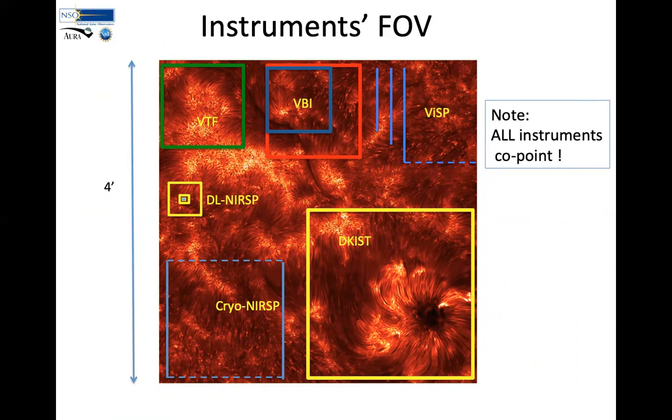And the others give you the instantaneous field of view of each instrument itself. So for the imagers, it's a square. For the spectrograph, it's a slit. For the DL-NIRSP, it's a small square.